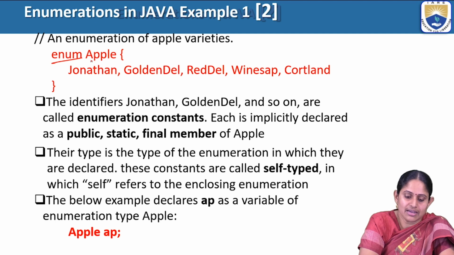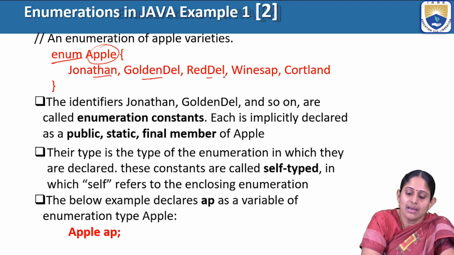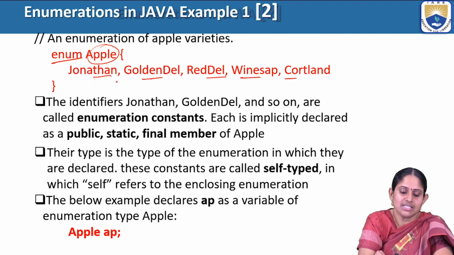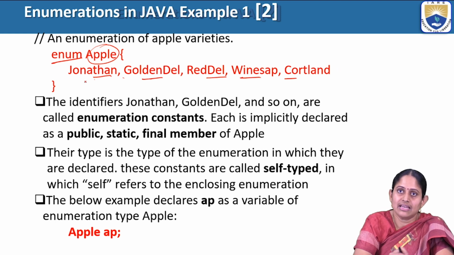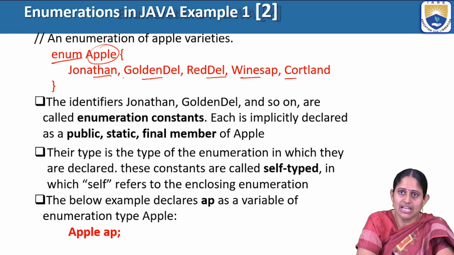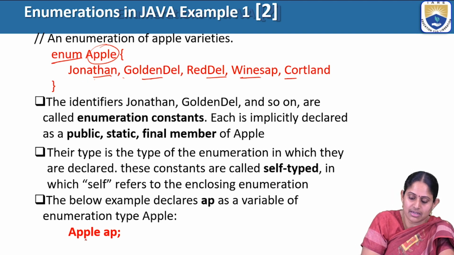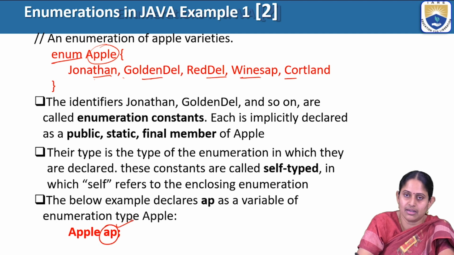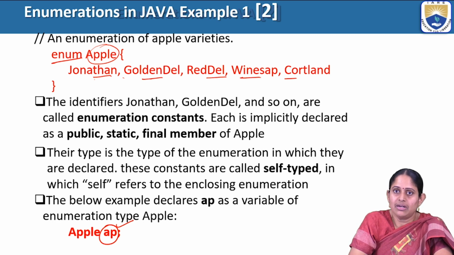Here we are creating an enumeration named Apple, which has some constants in it, and they will be given some values. You can create an object of that enumeration in this way. By this statement, you are creating a variable of the enumeration type.